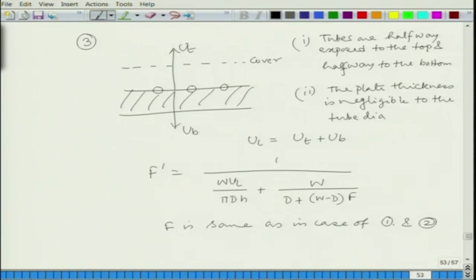So 1 and 2 means the prior two geometries that we have talked about, F will be same, the fin efficiency will be same, and F prime is the one that is getting affected by the geometry. And once you have F prime, the relation from there, F_R the heat removal factor and F double prime which is the collector flow factor, all of these will be obtained by a similar method.